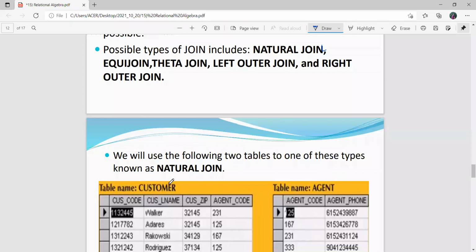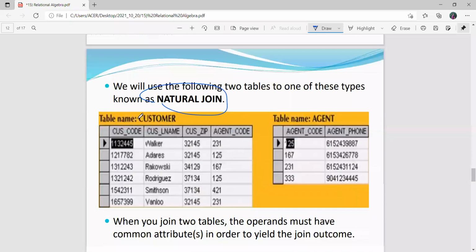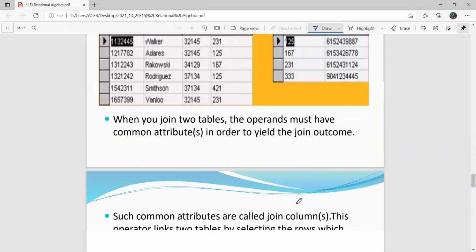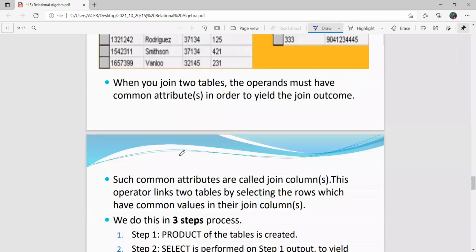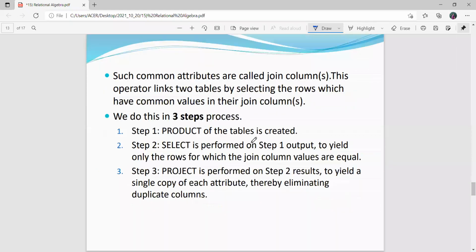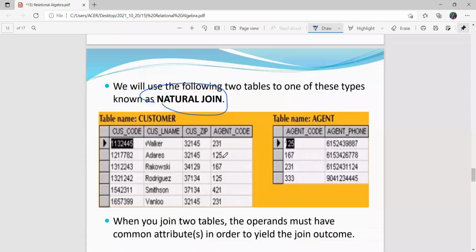Let's get some idea about natural join. You can see we are going to join the customer and the agent table. These are the two tables, and to join them, first you need to take the product of the two tables. So 1, 2, 3, 4, 5, 6, and 1, 2, 3, 4. So you can find the product between these two tables first.